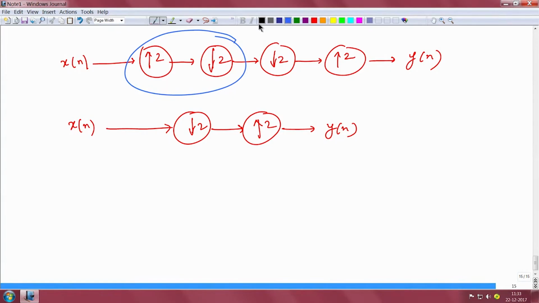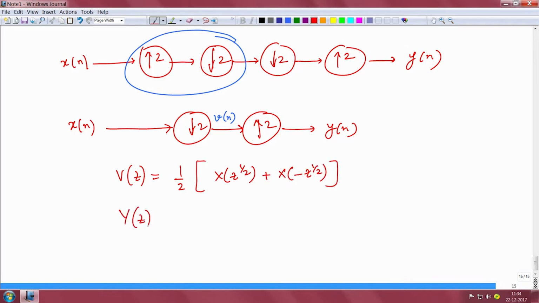So, if we do the simplification of this, if we write this signal as some v[n], what we get is V(z) is going to be half of X(z^(1/2)) plus X(-z^(1/2)), and Y(z) is going to be V(z^2), which is equal to half of X(z) plus X(-z).